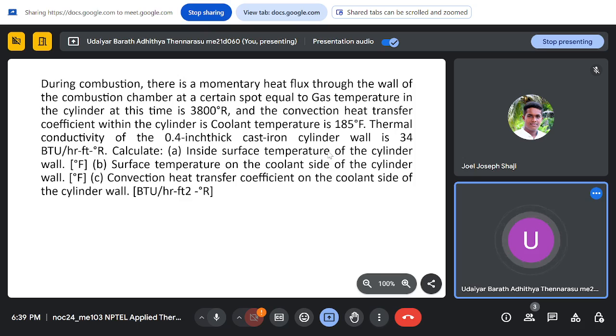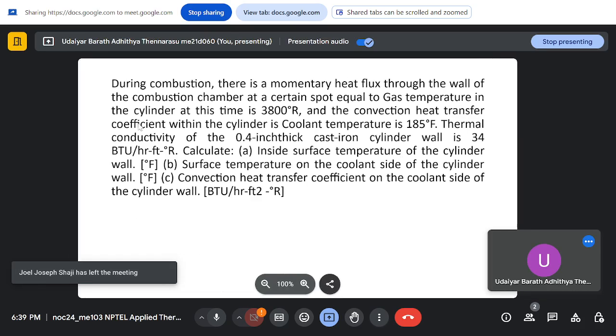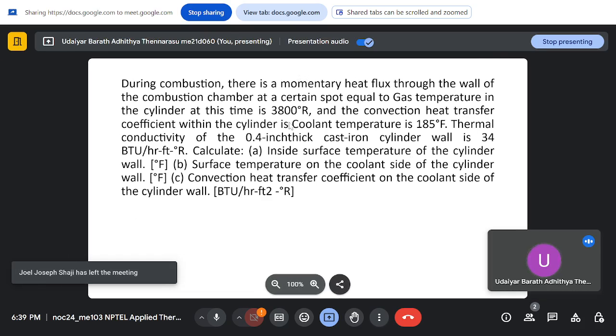During combustion, there is a momentary heat flux through the wall of the combustion chamber at a certain spot. The gas temperature in the cylinder at this time is 3800 degree Rankine, and the convection heat transfer coefficient within the cylinder is given. The coolant temperature is 185 degree Fahrenheit.